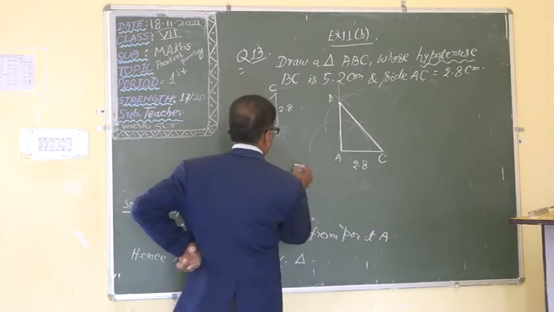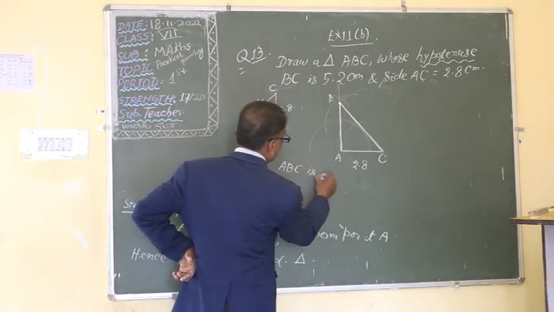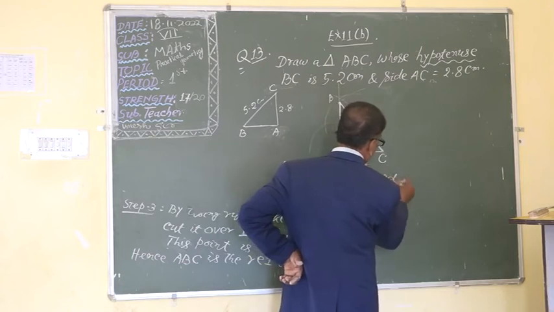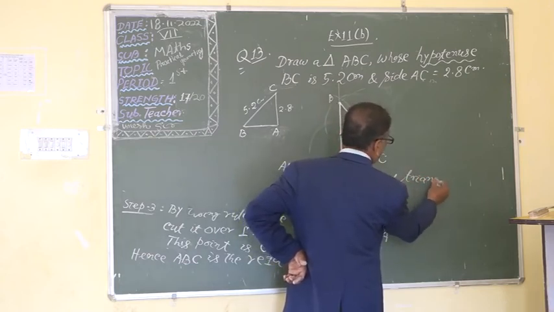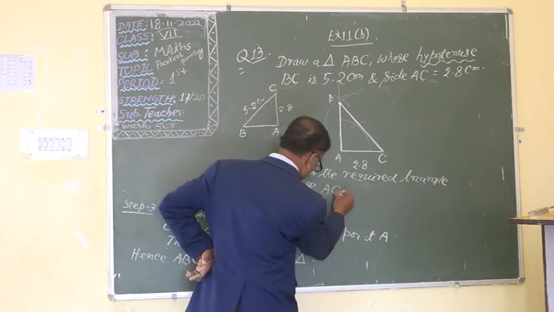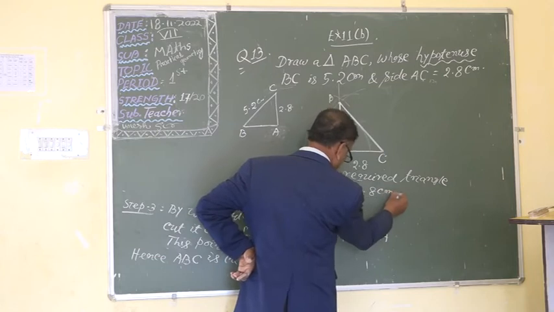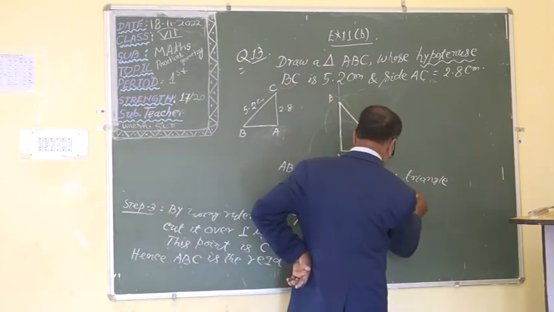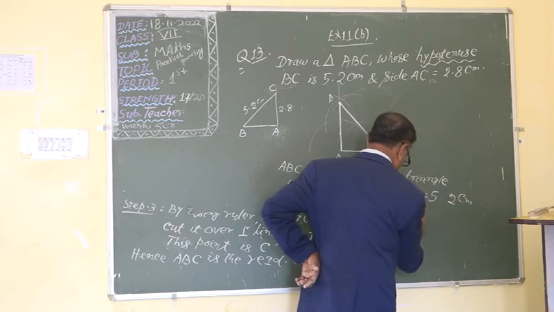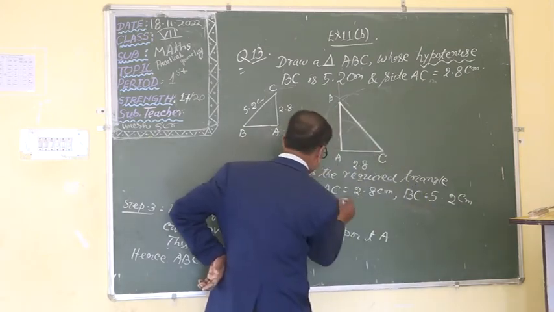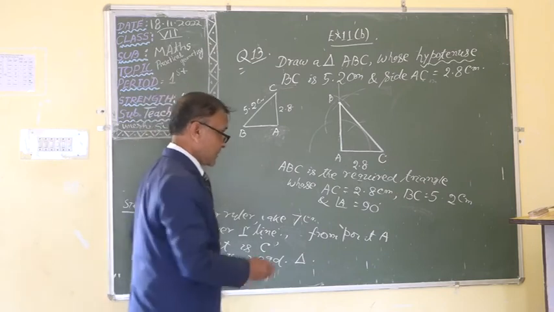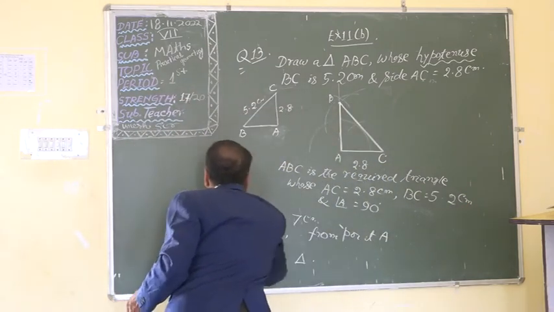Then you can write ABC is the required triangle whose AC is equal to 2.8 centimeter, BC is equal to 5.2 centimeter, and angle A is equal to 90 degree. Understood? Yes, sir.